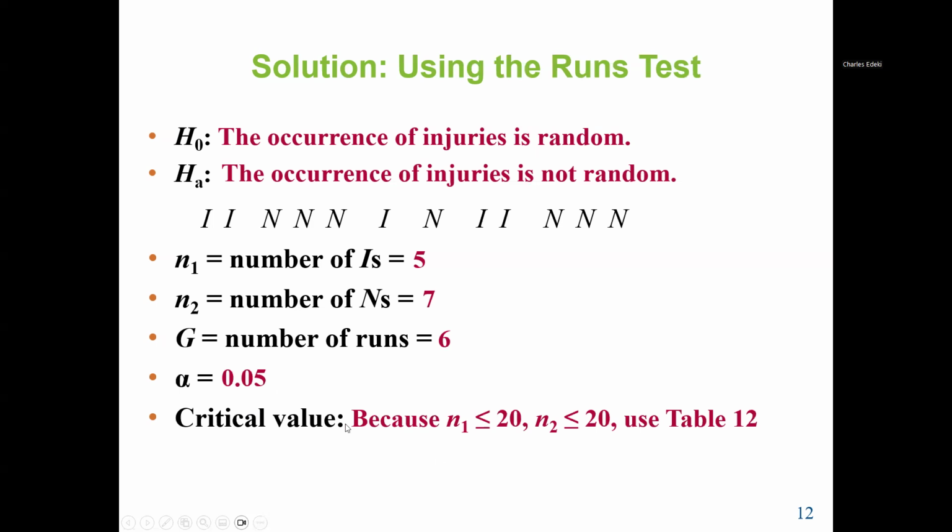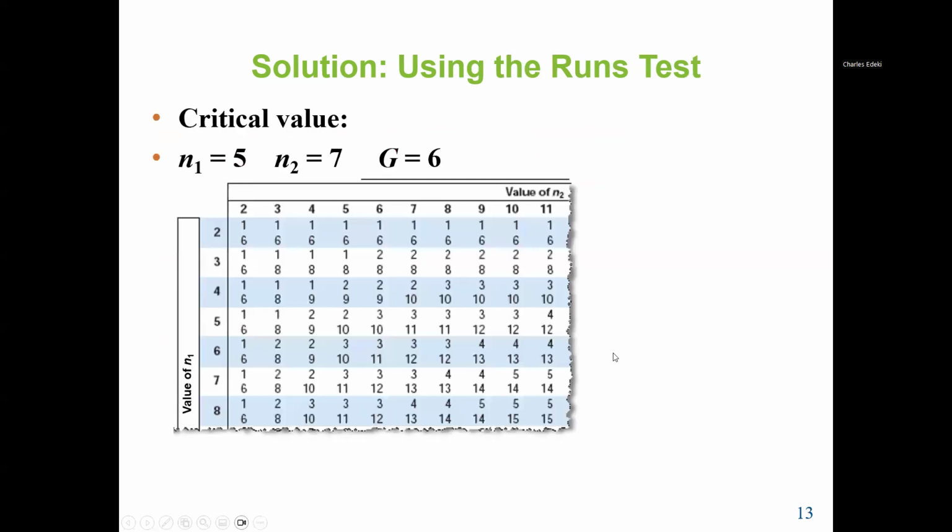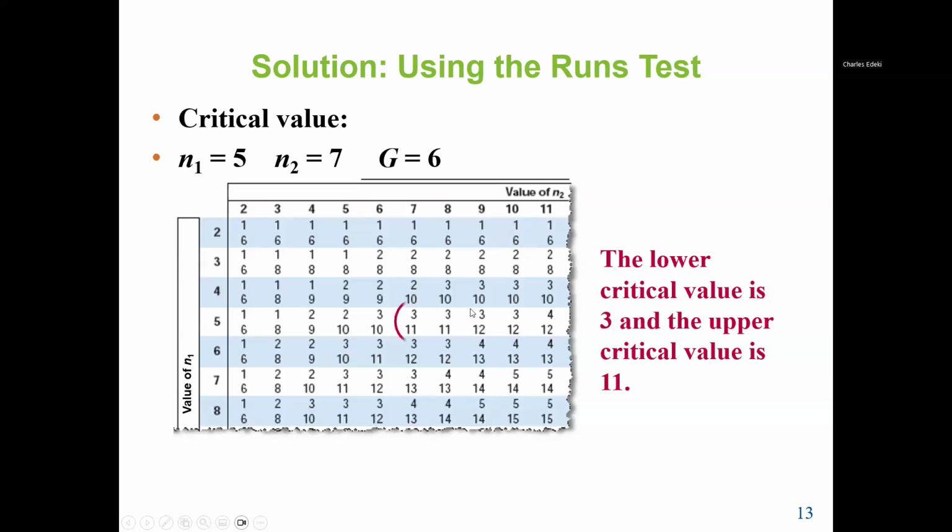Now here, because N1 and N2 are less than or equal to 20, we use table 12. And this is how the table looks. We already know the value of N1 and the value of N2, so we can see our critical value, the lower and upper limit. So it's 3 and 11.